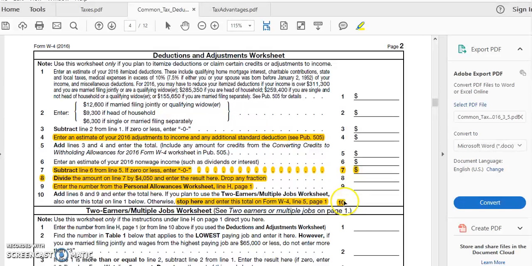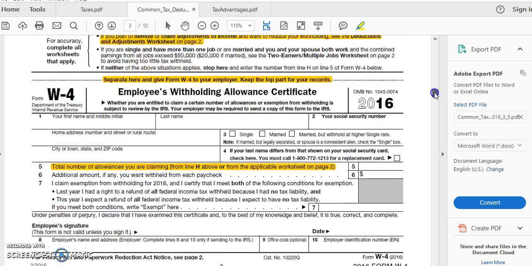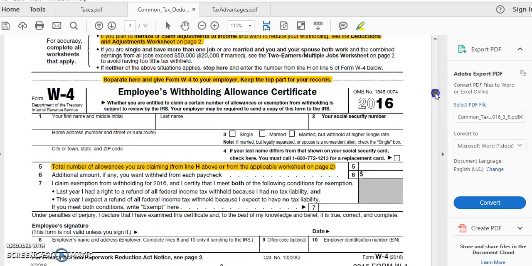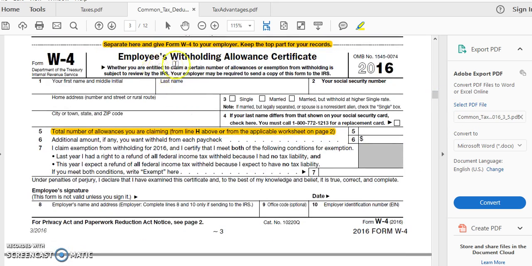So on line 10, I can claim 11. All right. So when I go back to page 1, I'm taking the number from H, and I'm taking the number from page 2, and you're going to add them together, and this is where you're going to put it. On your W-4, where it says your employee's withholding allowance certificate, line 5, I am going to enter 11.